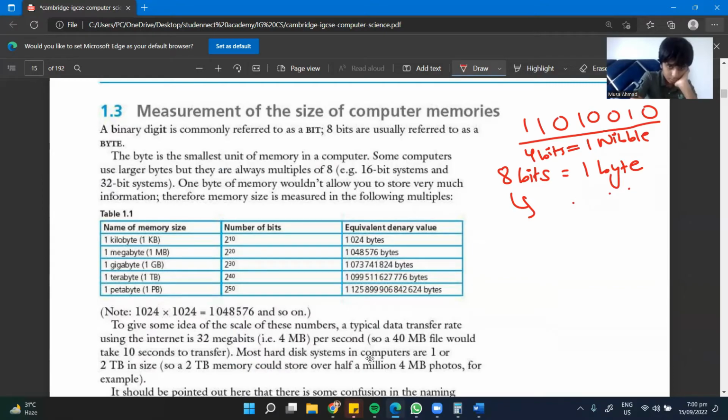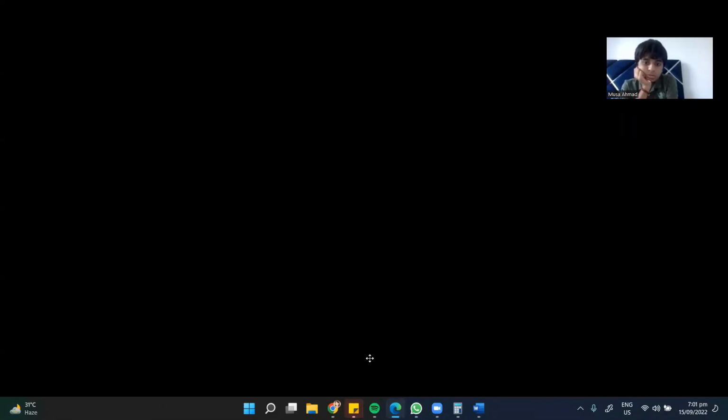And oftentimes you have a really large storage, like this first one, which is 1 kilobyte. 1 kilobyte, and we also know that kilo means 1,000, right? So 1,000 bytes make up 1 kilobyte. The KB is 1,000 bytes.